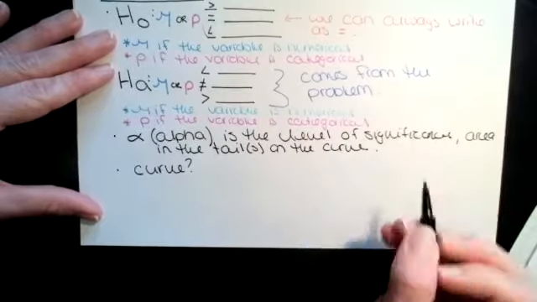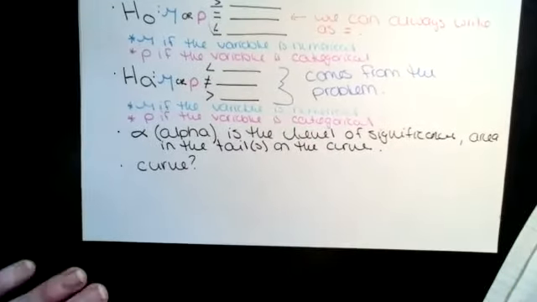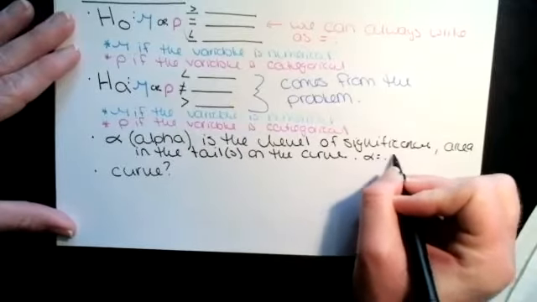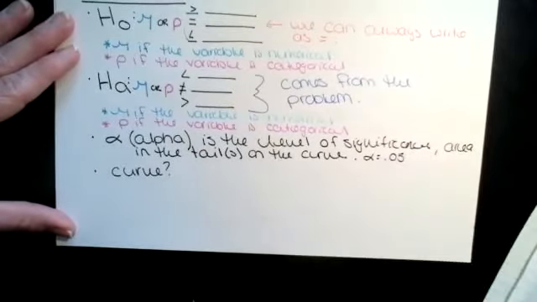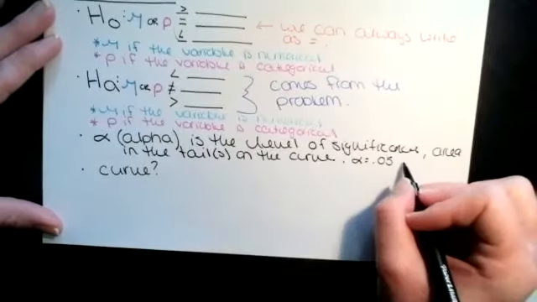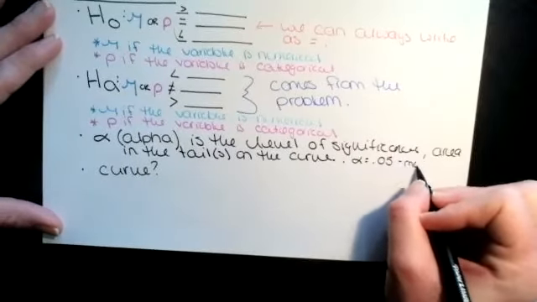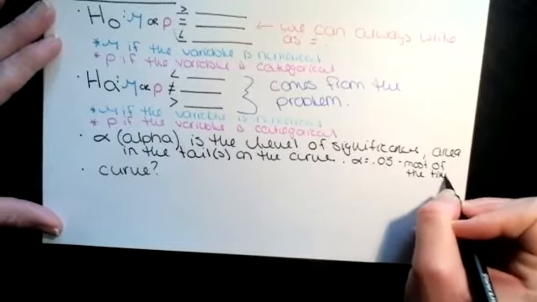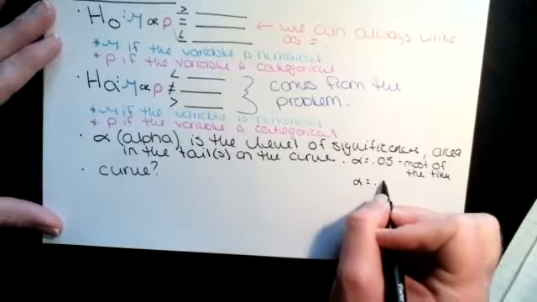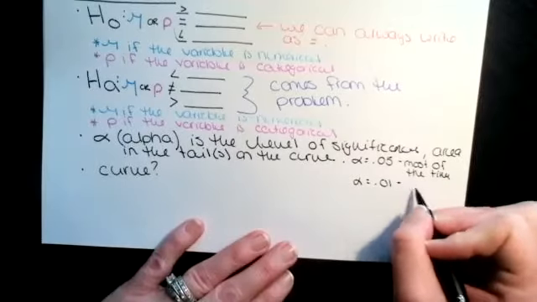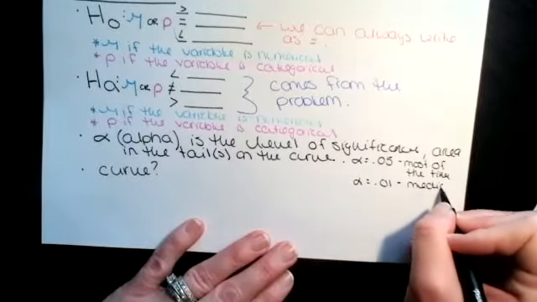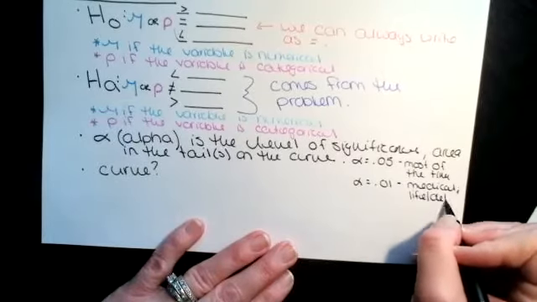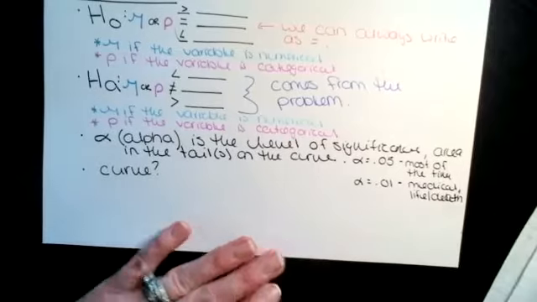We typically use an alpha equal to 5% or 0.05, which is most of the time, or we use an alpha equal to 0.01 for medical life or death situations.